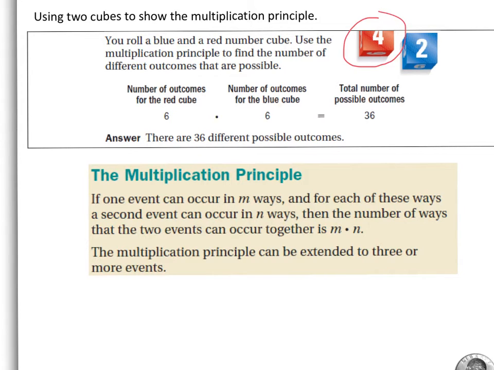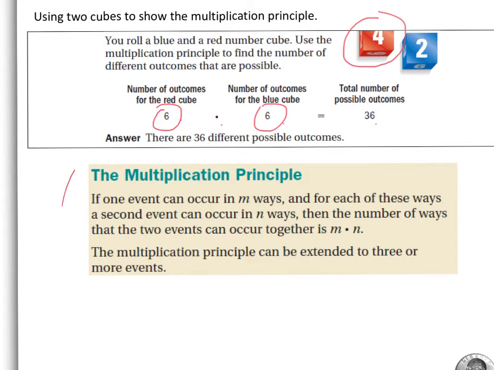What happens after you roll it? Either you land on 1, 2, 3, 4, 5, or 6. So there's a total of 6 possible outcomes for the red cube. And the same holds true for the blue cube, 6. And by the multiplication principle, 6 times 6, you get 36 total possible outcomes.